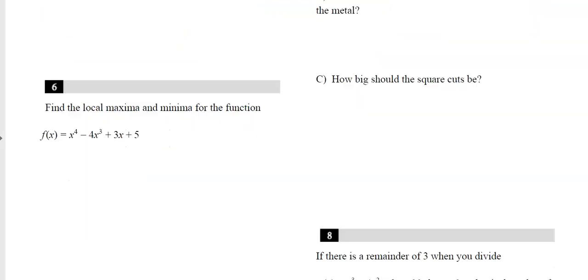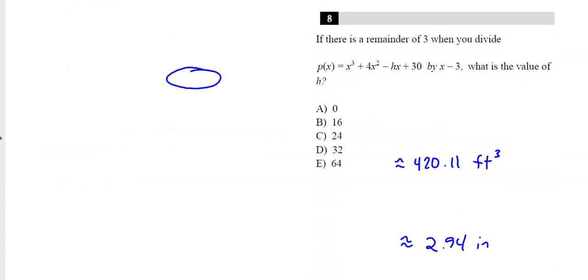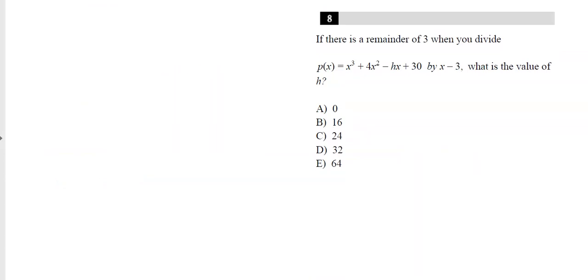All right, and number 8. I like number 8. It's kind of a little puzzle. I could see this as an SAT type question. If there was a remainder of 3 when you divide this dividend by this divisor, I finally got those two straight, so I'm feeling big, bragging about my vocabulary.